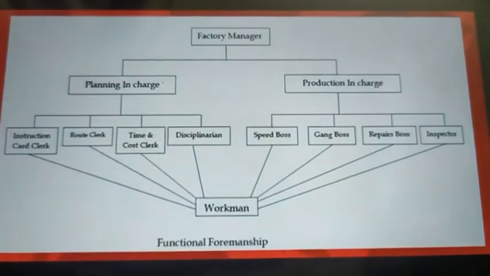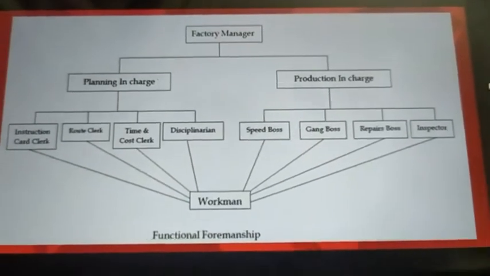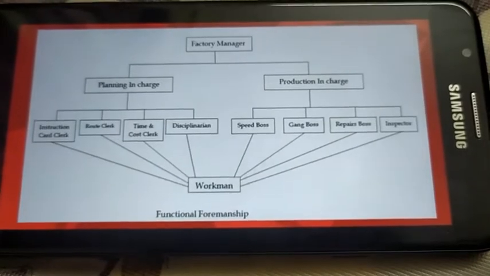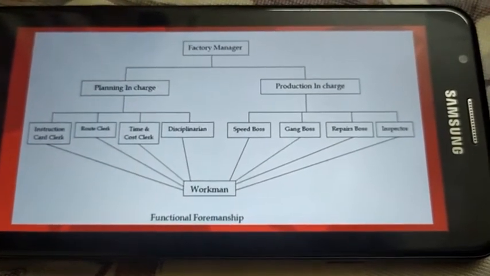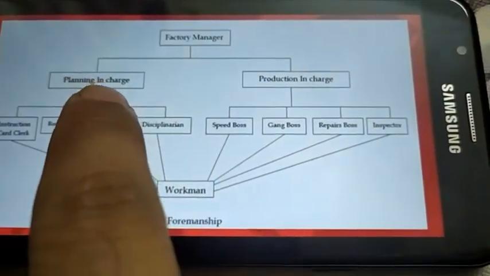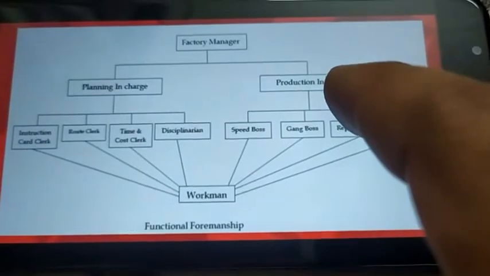Now what is functional foremanship? Let us see this in detail. As you see here, the factory is divided. The factory manager will have 2 departments under him, the planning department and the production department.